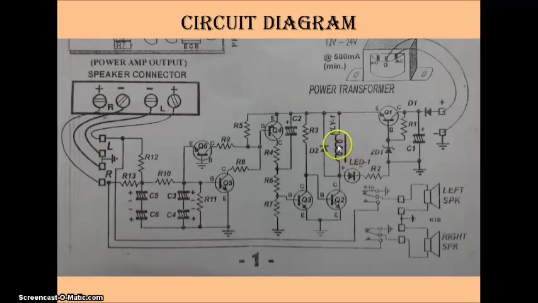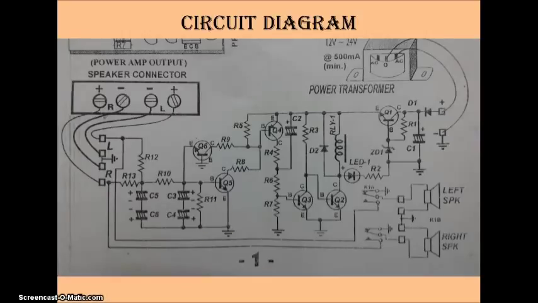The relay needs the actual signal to operate. So the Q4 function is to amplify the signal from the power amp output to make sure the relay can work.